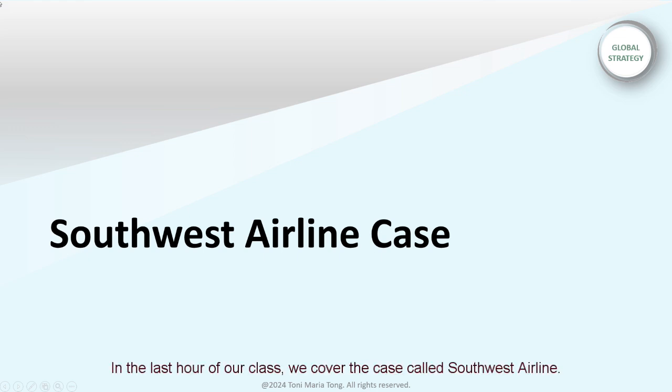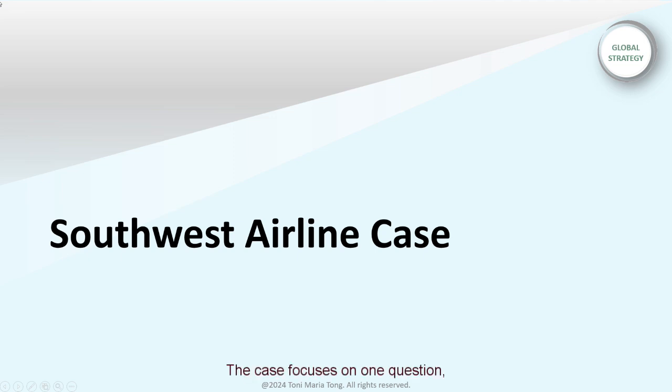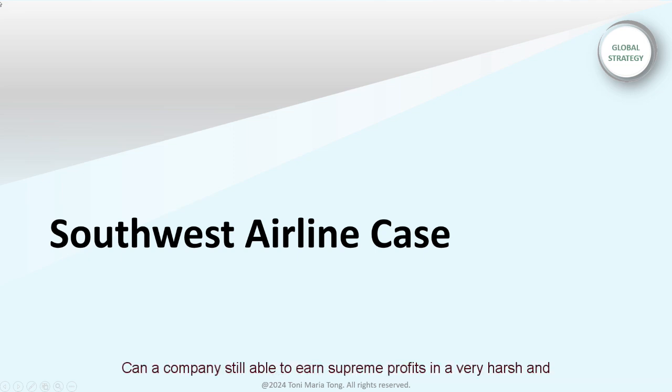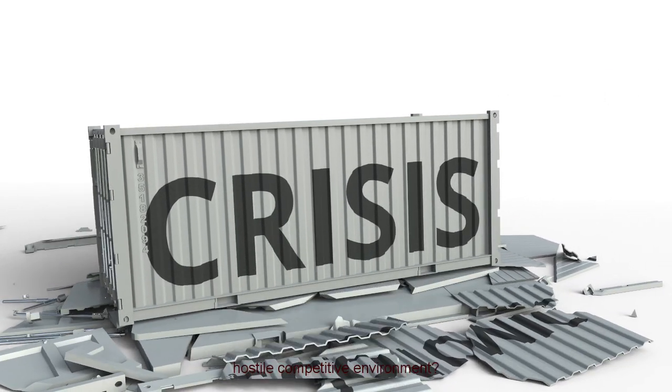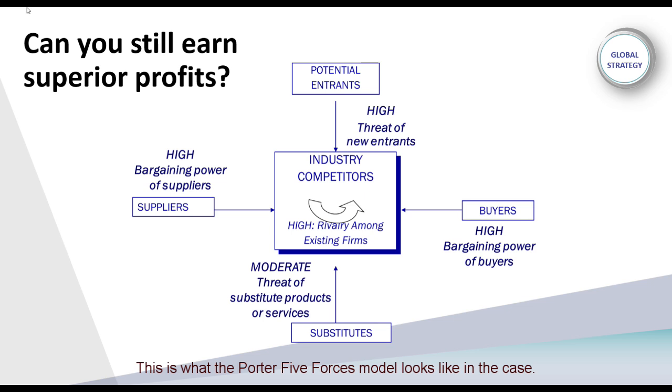In the last hour of our class, we covered a case called Southwest Airlines. The case focused on one question. Can a company still be able to earn superior profits under a very harsh and hostile competitive environment? This is what the Porter 5 forces model looks like in the case.